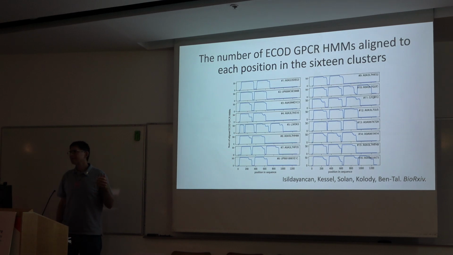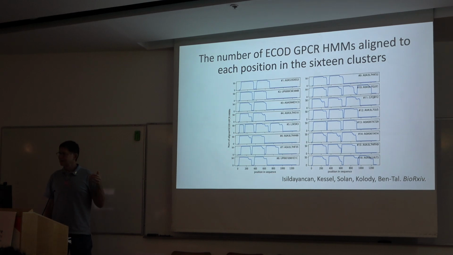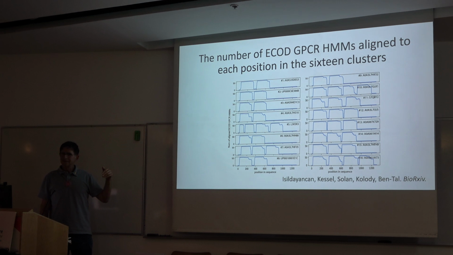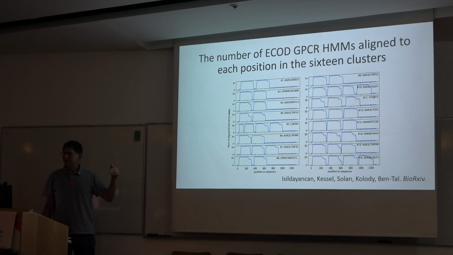So this is a typical output of this effort. You see in each of those mini panels, the x-axis is just the amino acid sequence of the protein, and the y-axis is the number of times that we see this GPCR in Uniprot.